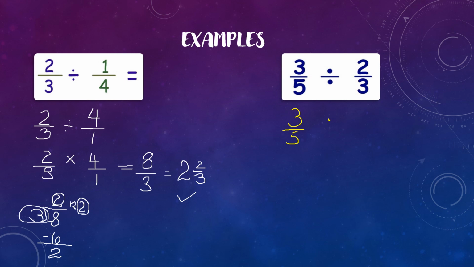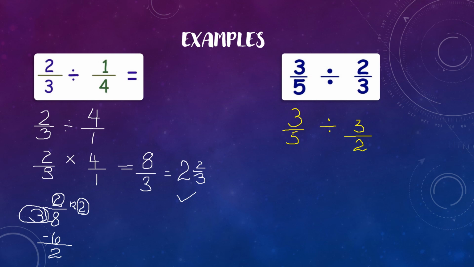The division symbol is not touched either as yet, and I hope you're practicing on your paper as I go. And for the second fraction, what do we have to do here? That's right, we have to find the reciprocal, and in other words, flip it. So the 3 was at the bottom, it goes to the top. The 2 is at the top, it goes to the bottom.